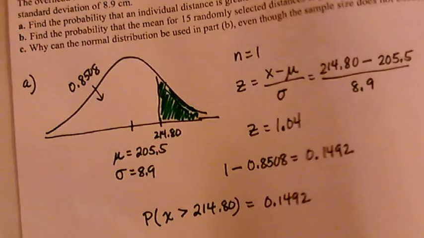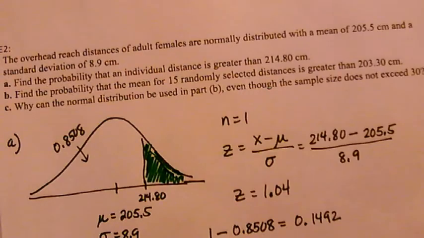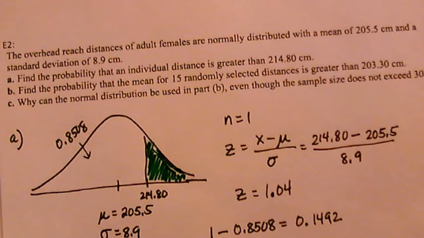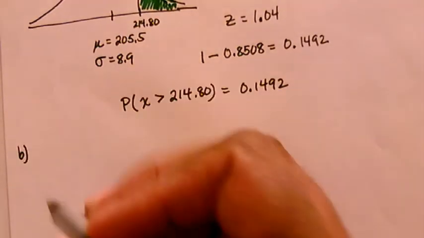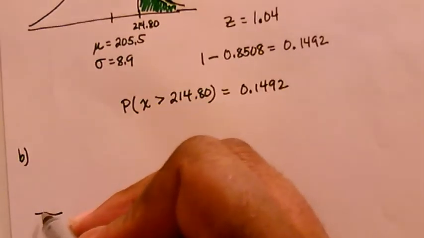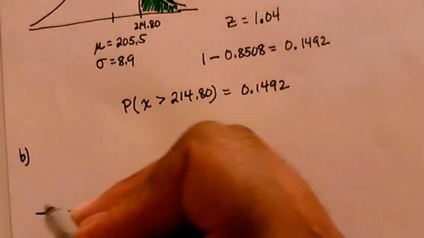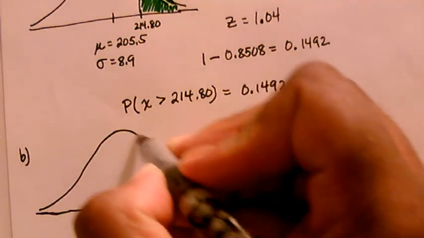Alright, now in part B it says here, find the probability that the mean for 15 randomly selected distances is greater than 203.30 centimeters. Okay, so now, in this case, I know I'm going to have to draw another normal curve because that x value has changed.